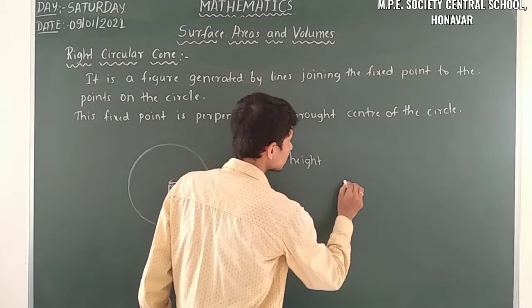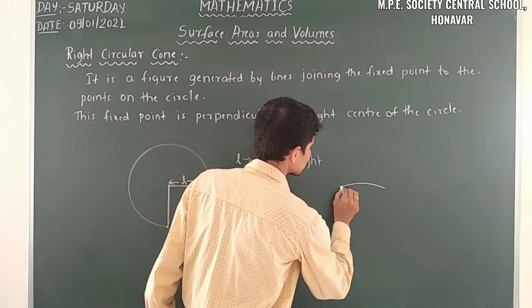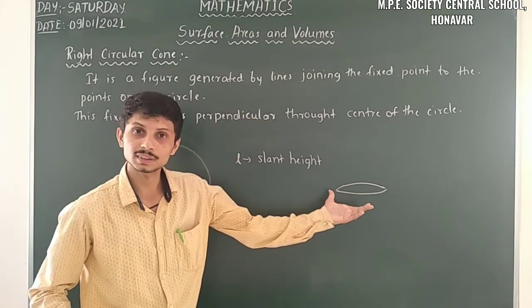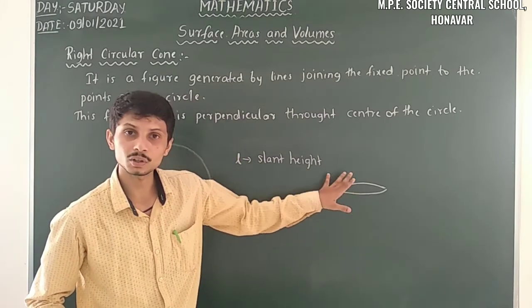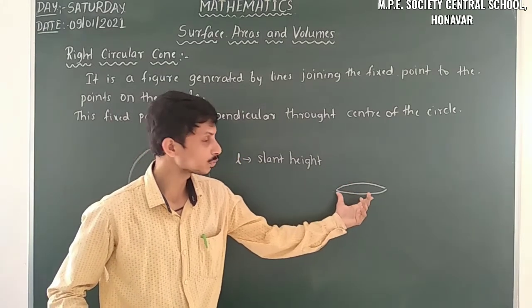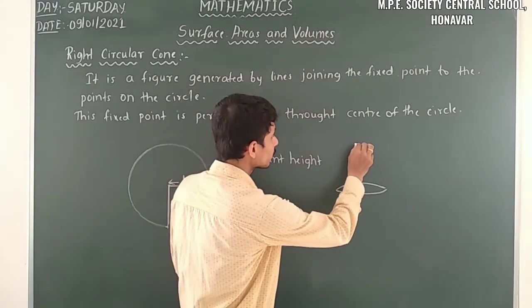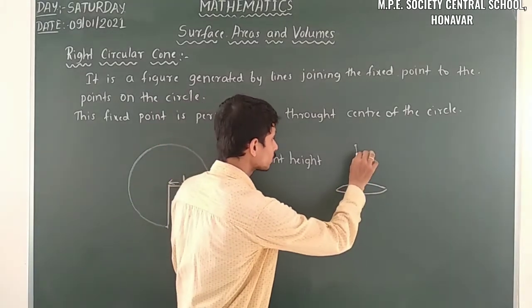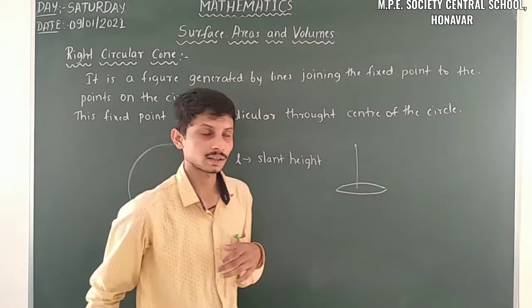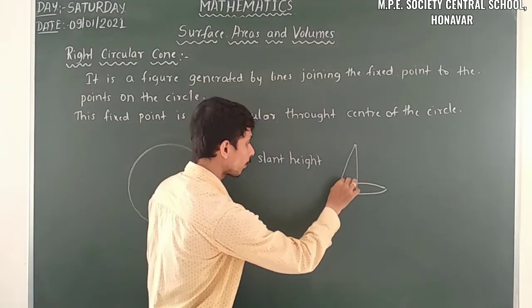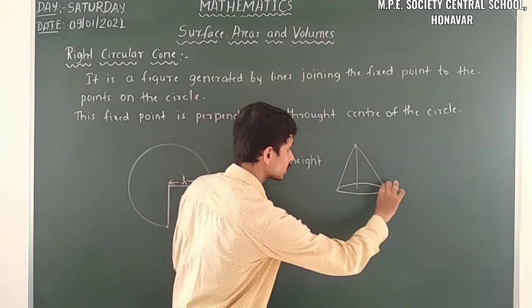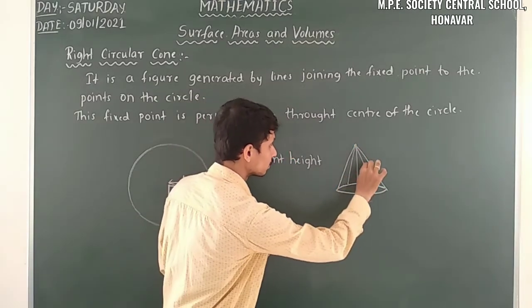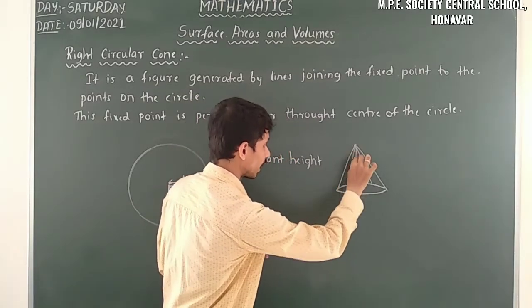That means we want a bottom circle here, from a horizontal point of view, and we have a fixed point which is perpendicular to the center of the circle. When we join all the points on this circle, it forms a cone like this.